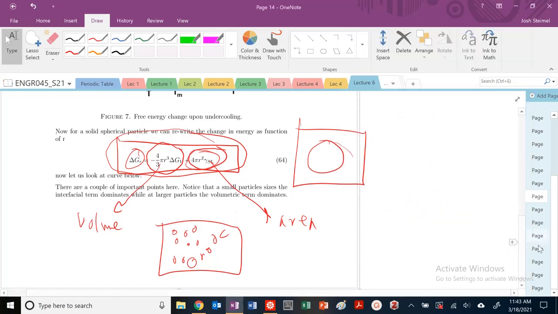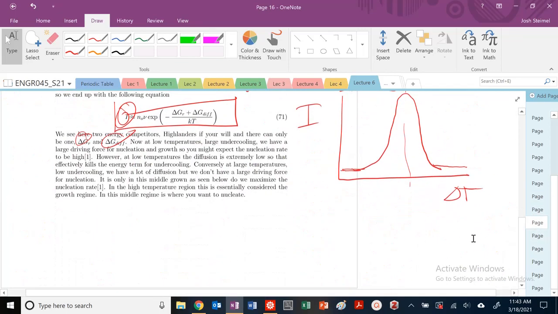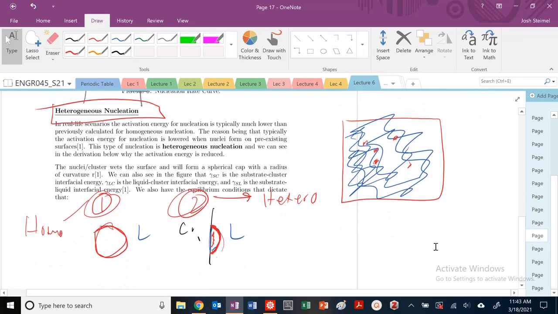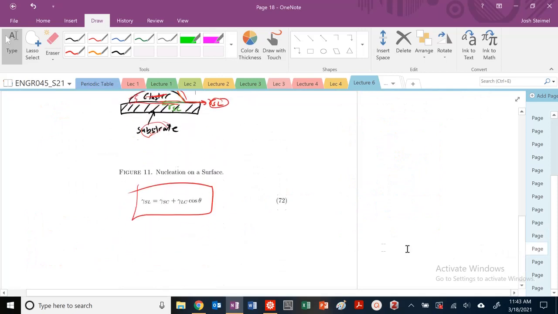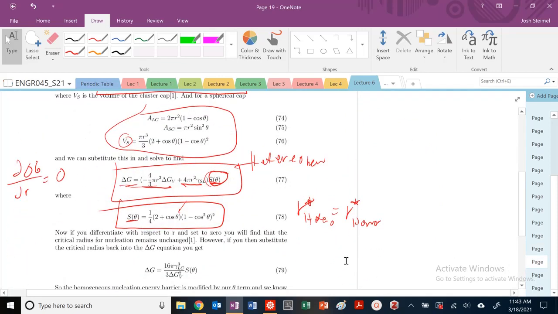So let's look at heterogeneous nucleation. It's the exact same expression with the exception of this S value, this S theta. So let's write our S theta.